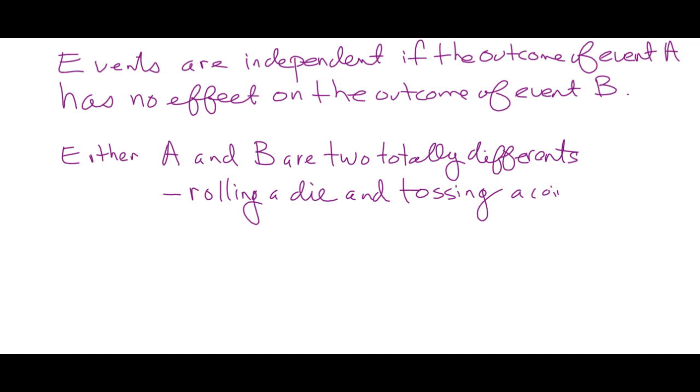It's independent. Or drawing a card and tossing a coin. Again, two totally different things. So if you're reading the scenario and you say those are two totally different things, then you know you're dealing with an independent event. Independent events.